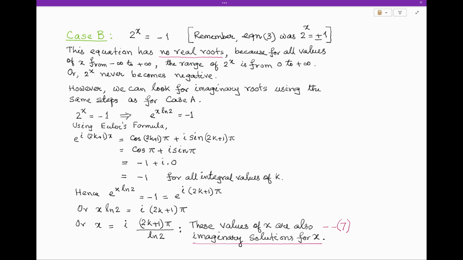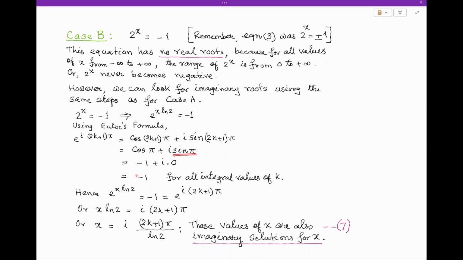Now, using Euler's formula, e to the power of i multiplied by (2k plus 1) pi is equal to cos (2k plus 1) pi plus i sin (2k plus 1) pi, and cos (2k plus 1) pi is equal to cos pi, and sin (2k plus 1) pi is equal to sin pi.